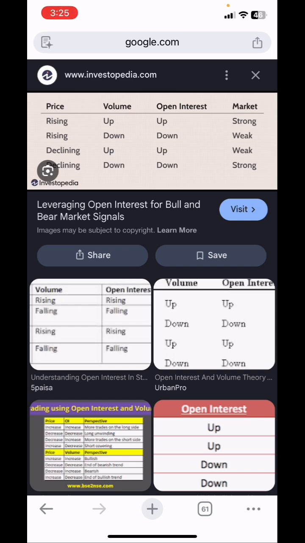But if the price is declining, the volume is down, and open interest is down, it's a strong market because it's doing what it's supposed to do. If it's down in both volume and open interest, the price should be declining, so the trend is making sense. On the other hand, if price is rising, volume is up, and open interest is up, price should be rising, so that indicates a strong market.